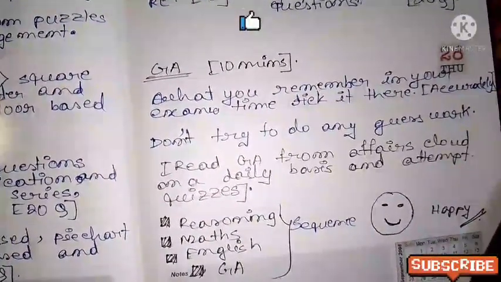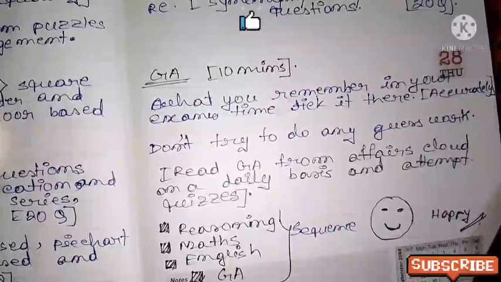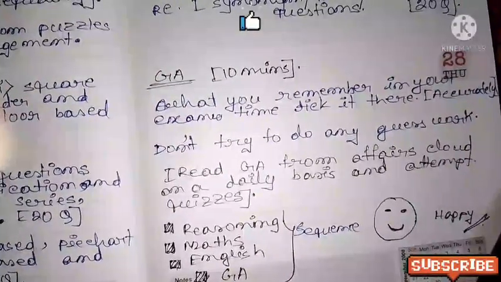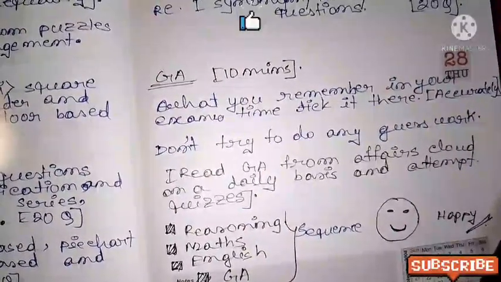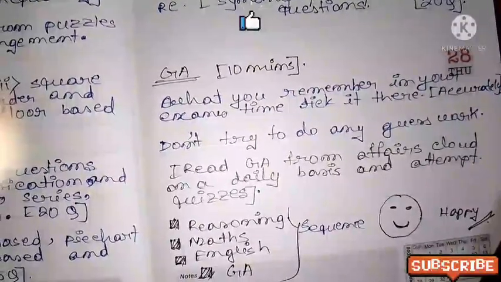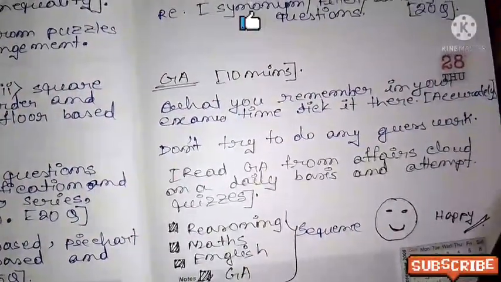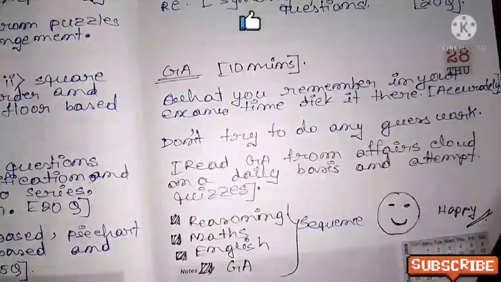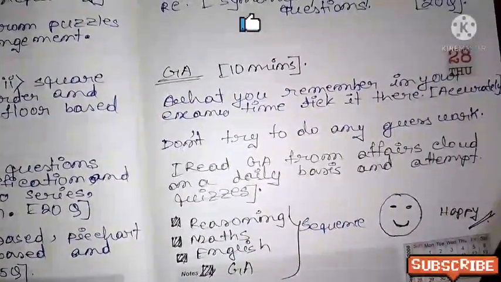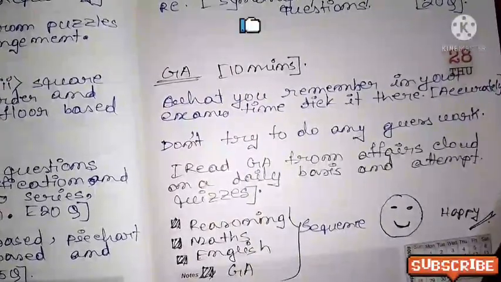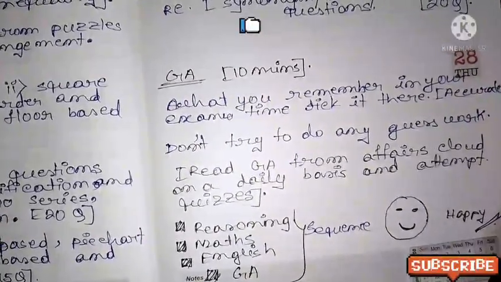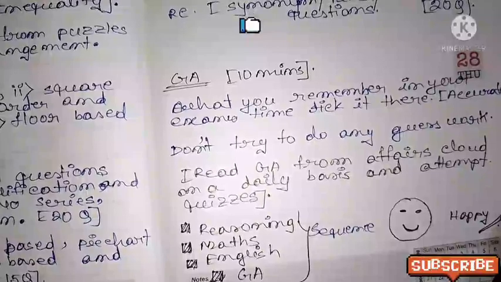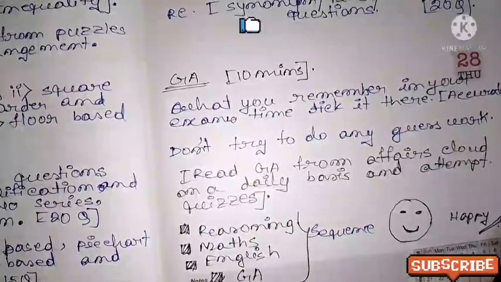Okay. And if I talk about the sequence for attempting the whole question paper, according to me, I attempt the reasoning section first, next maths, next English, and last GA. Because when you enter your examination hall, your analytical mind will be fresh.